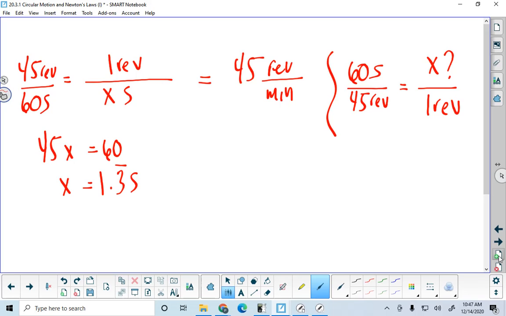0.75 was the number of revs per second, which is the frequency, which I don't care about.